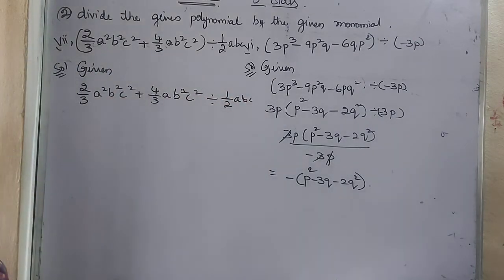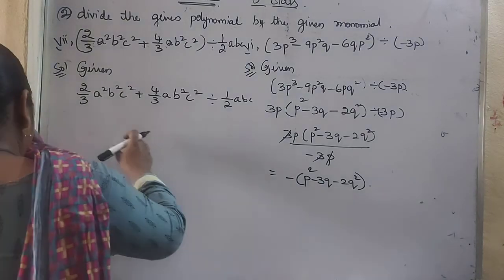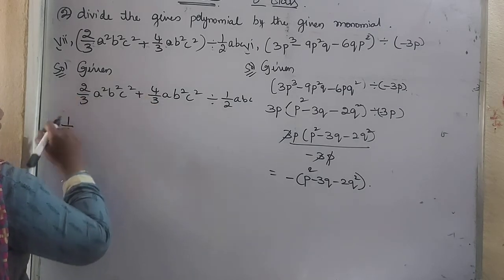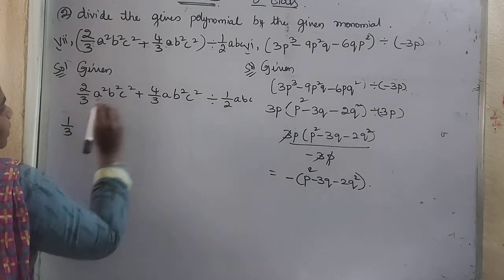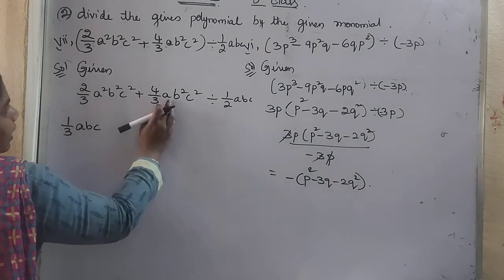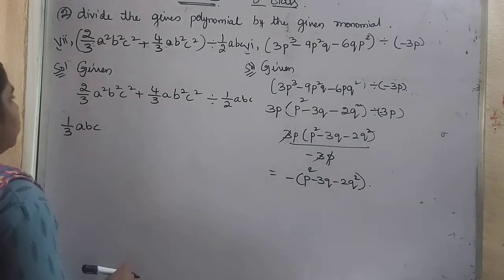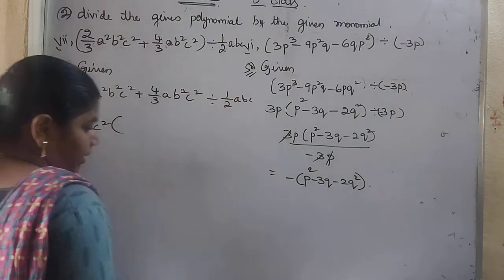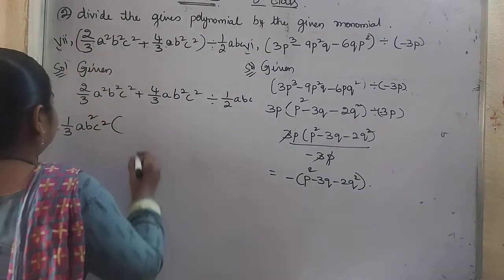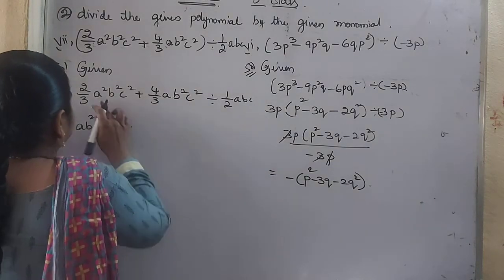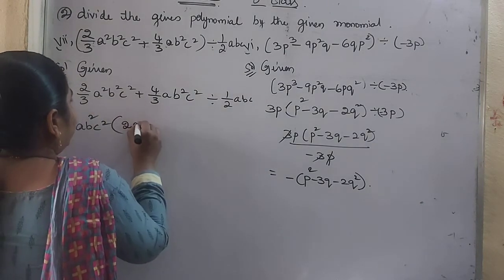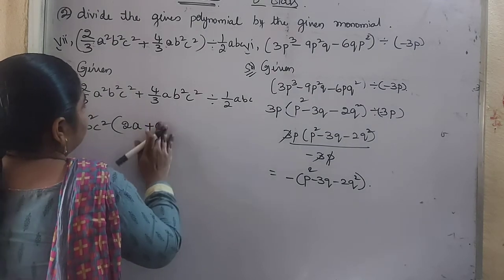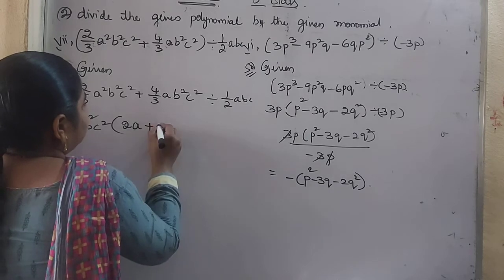Now we will write in the form of division form. So if you see, we can take 1 by 3 as common from 2 by 3 and 4 by 3. That means 1 by 3 is common, and abc terms are common. So a is common, b square is common, and c square is common. The remaining terms we have to write in the bracket. What is remaining? 2a plus here it will be 4.